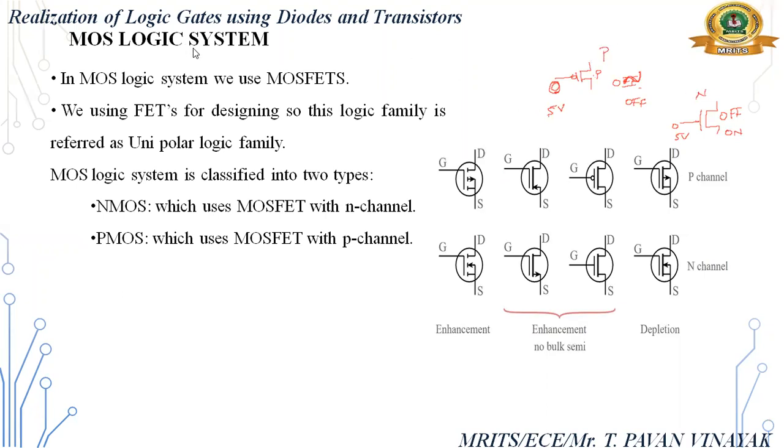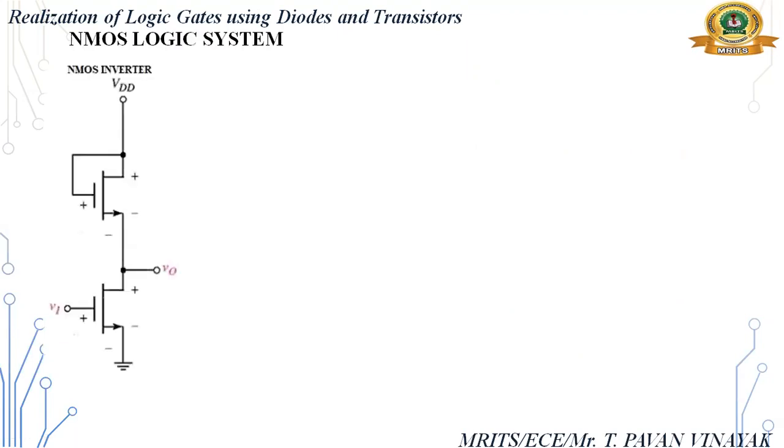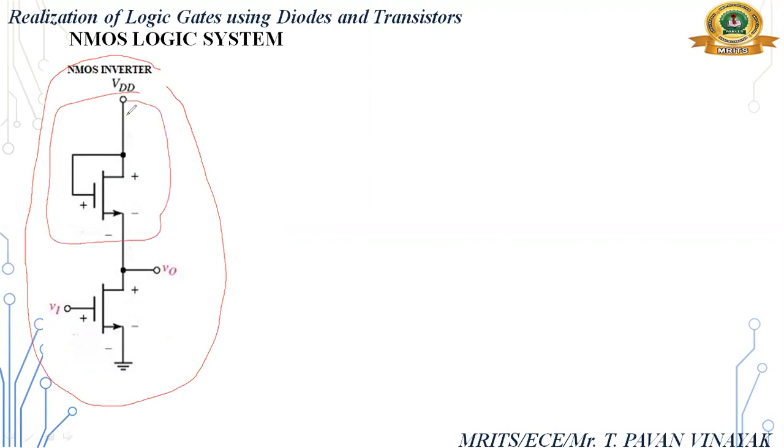Let us see the working. So NMOS transistor, NMOS inverter. This is the NMOS inverter, and this one is called the pull-down transistor.